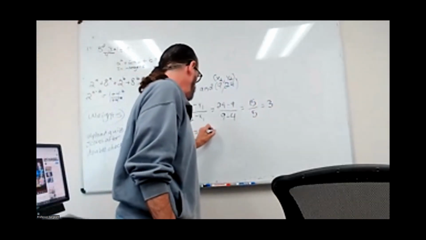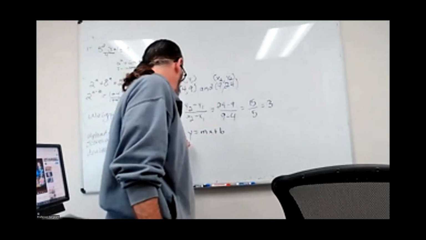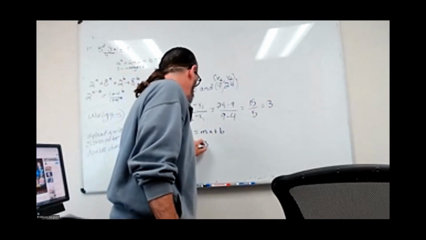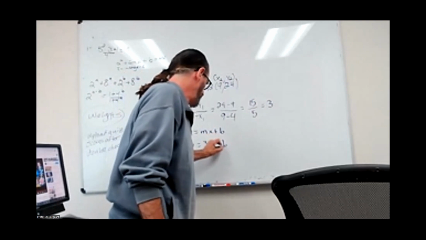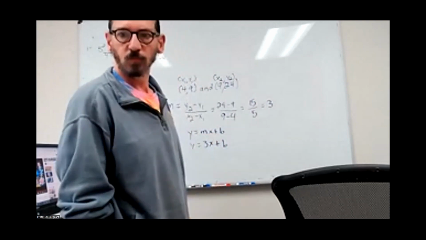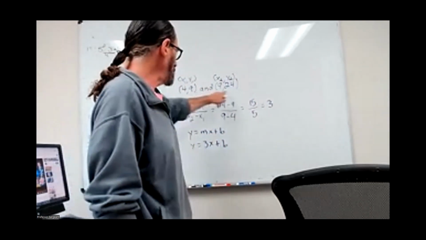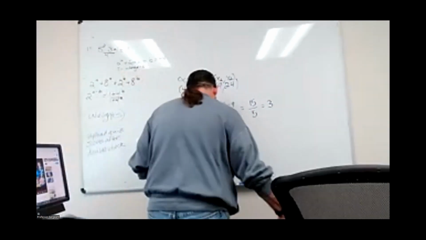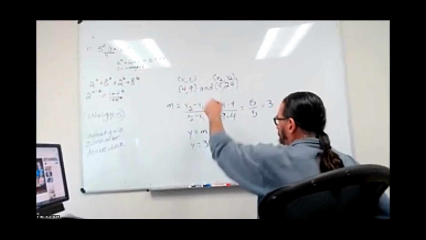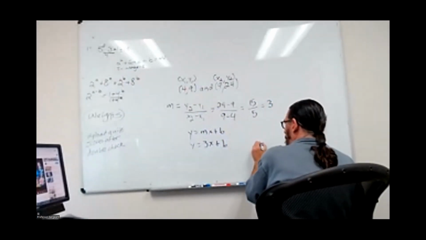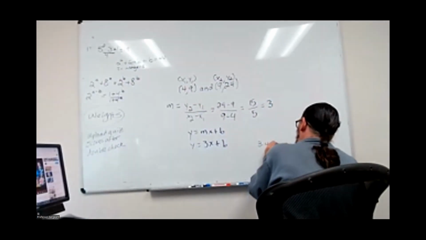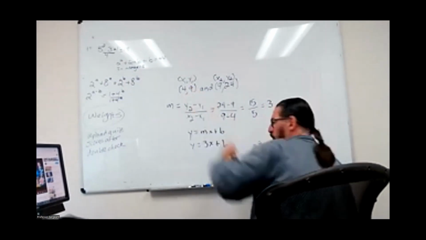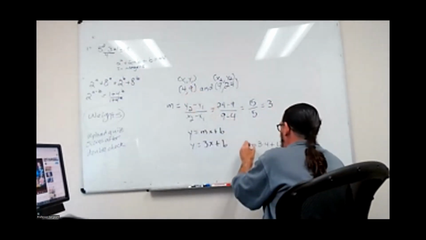Put it in slope-intercept form. I know the slope is 3. So if I could just solve for b, I could take either one of these points. If I do my work correctly, I can solve for b. So I'm going to take the first point. X is 4, and y is 9 is paired up with that.